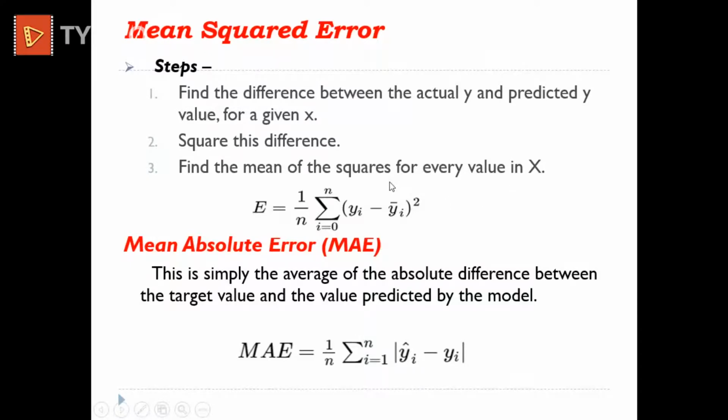Both MSE and MAE can range from 0 to positive infinity. As both of these measures can have higher and higher values, it becomes harder for us to interpret how well your model is performing.